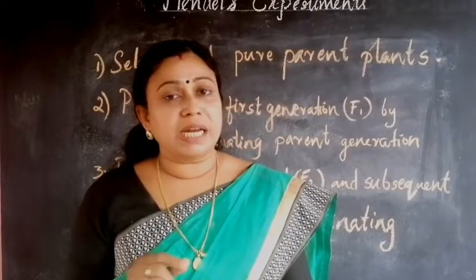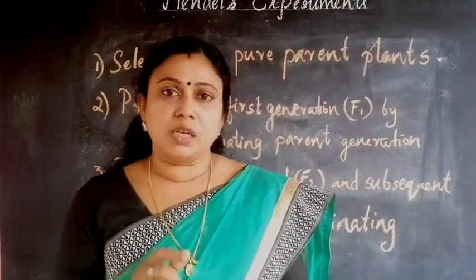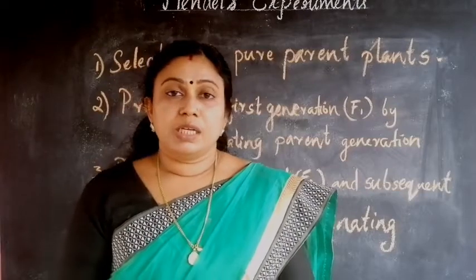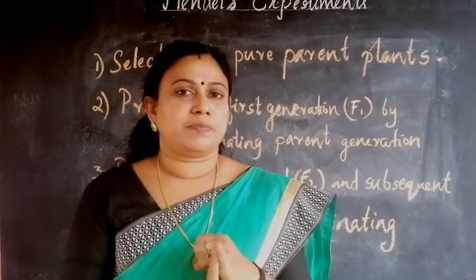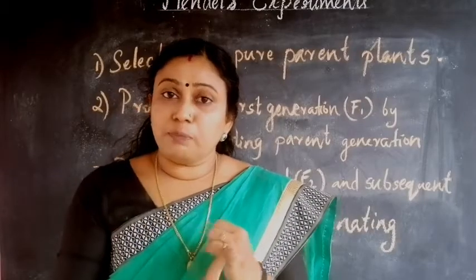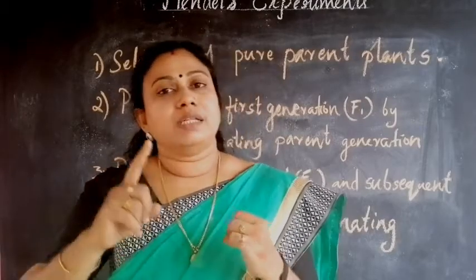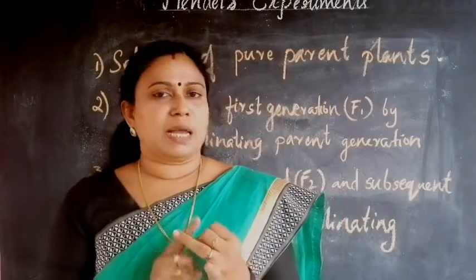Mendel conducted the breeding experiments in 3 steps in pea plants. The first step is selection of pure parent plants. One will be the pure dominant plant and the other will be the pure recessive plant.